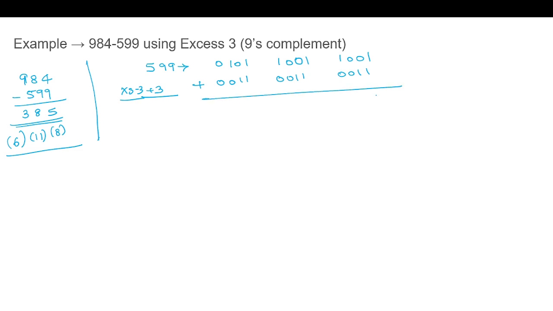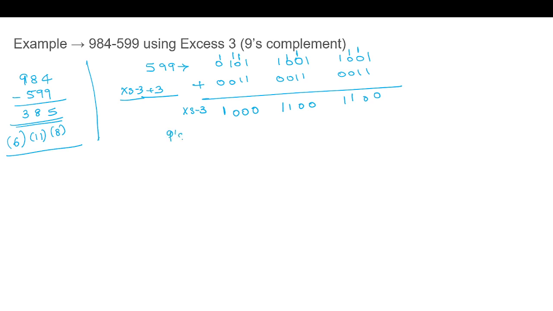And we will get 0 1 0 1 1 1 0 1 0 1 1 0 1 0 1 0 1 1. So this is our excess 3 representation.